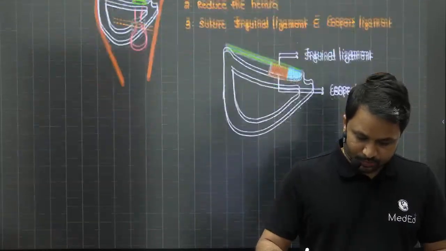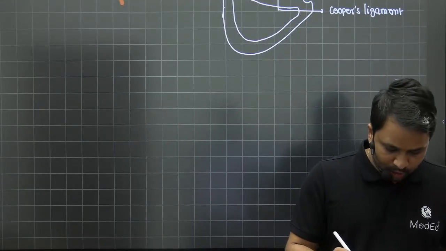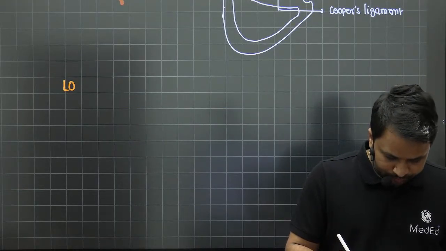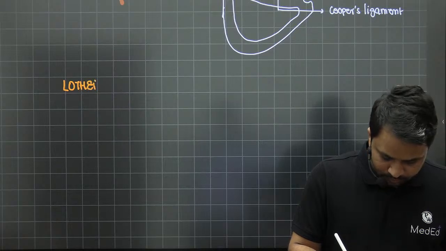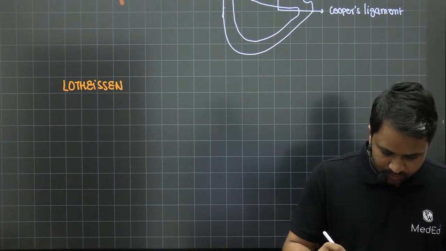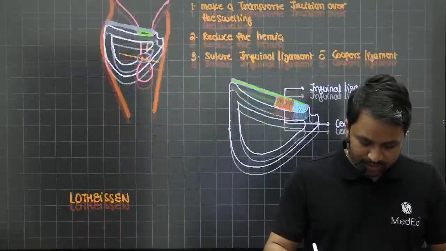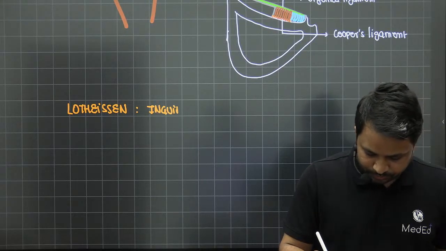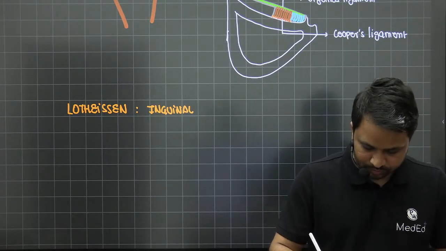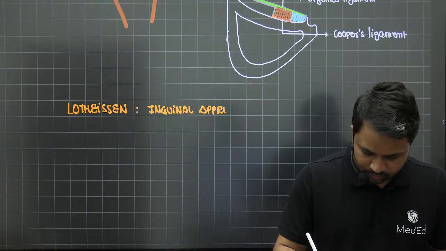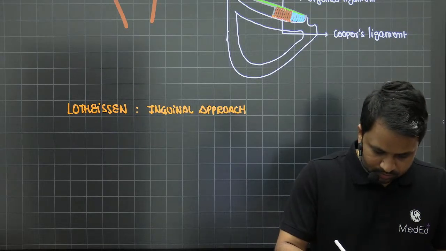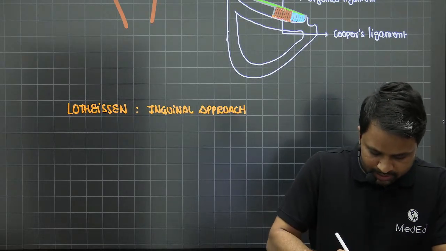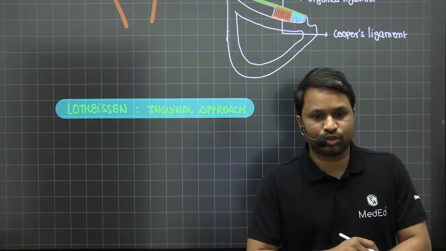The next approach that we have is the Lotheissen approach. Now, when you talk about the Lotheissen approach, it is what we call the inguinal approach. Okay?